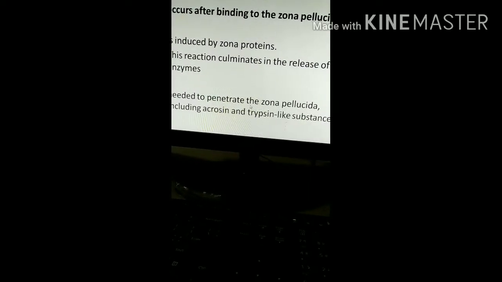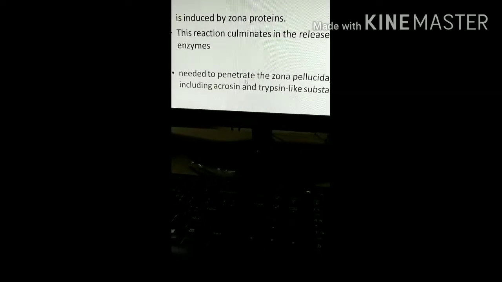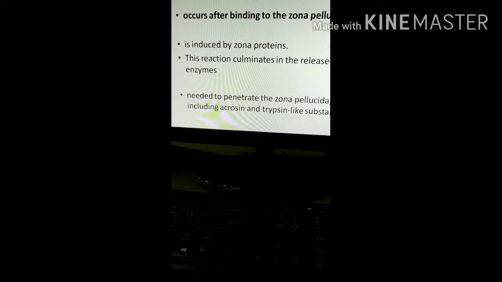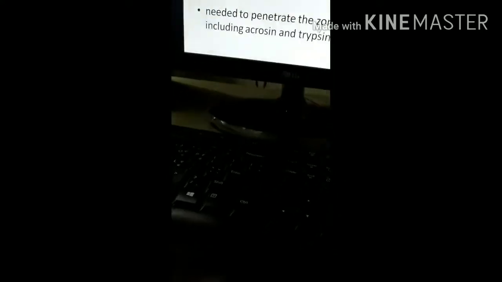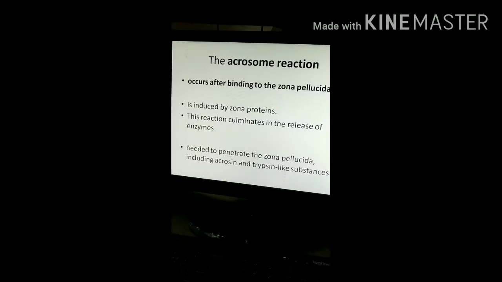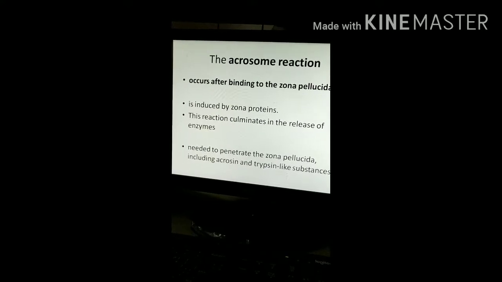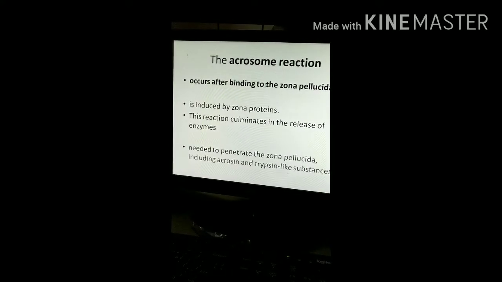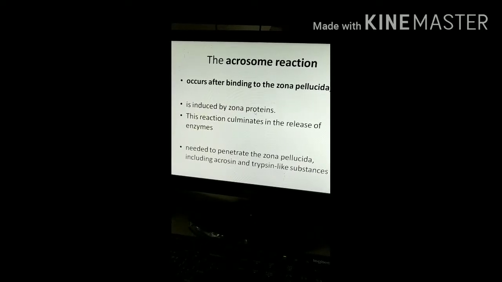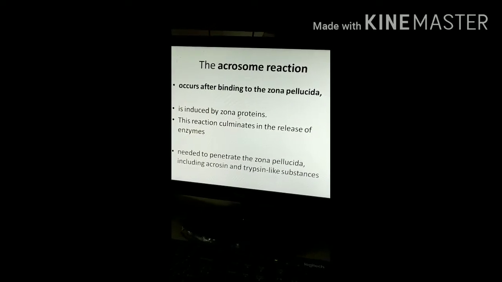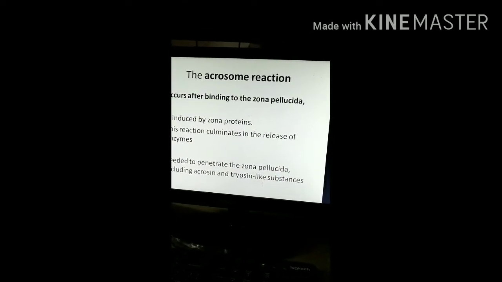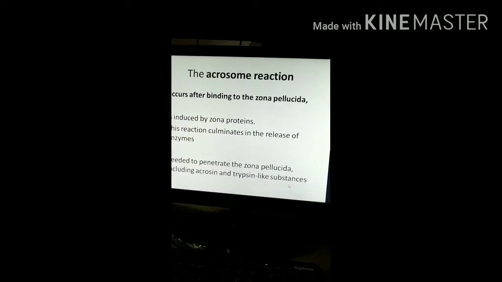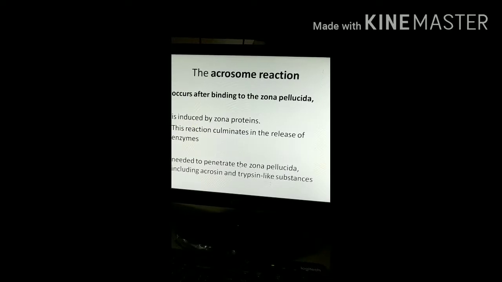So in the acrosomal reaction, after binding of sperm to the zona pellucida, the reaction is started and induced by the zona protein, and it culminates in the release of enzymes like acrosin and trypsin-like substance from the acrosome of the sperm.